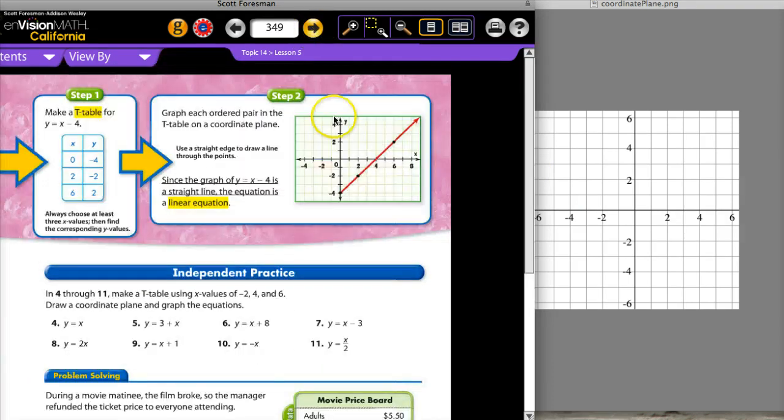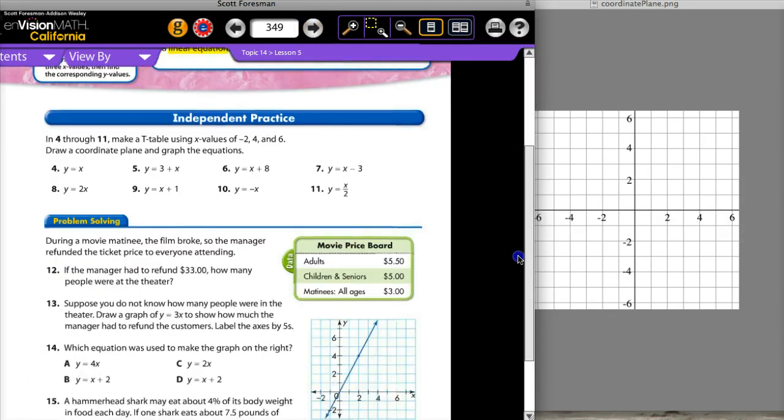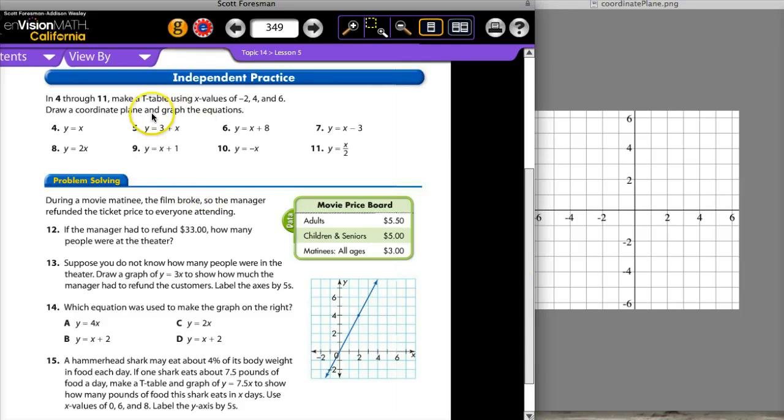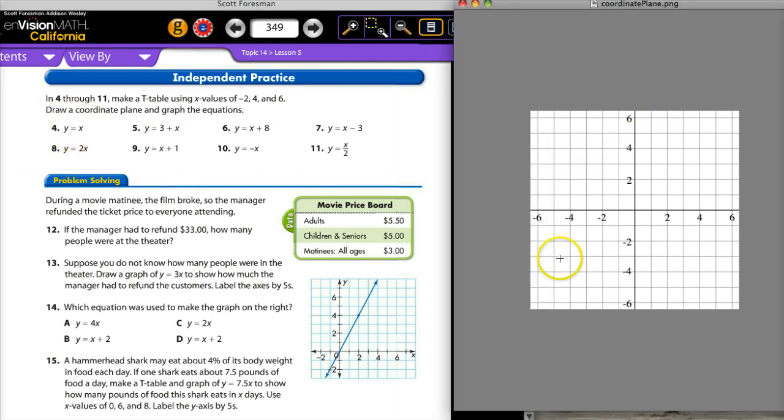Okay? Our next set of problems is very similar to number 1, where you are creating a t-table, okay? And in that t-table, you are plugging in these x values, -2, 4, and 6. You're going to solve the equation and find the y values. Then you're going to draw a coordinate plane.